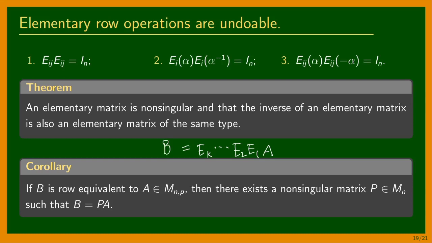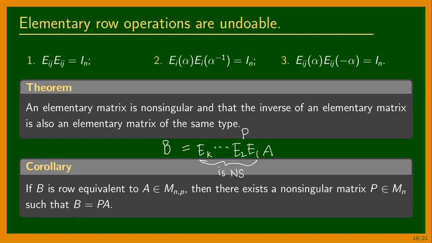Because each one of these is non-singular, the product is non-singular as well. The product of non-singular matrices is non-singular, so you can take this as your matrix P. That's why, as in the corollary, there is a non-singular matrix P so that B is equal to P times A.